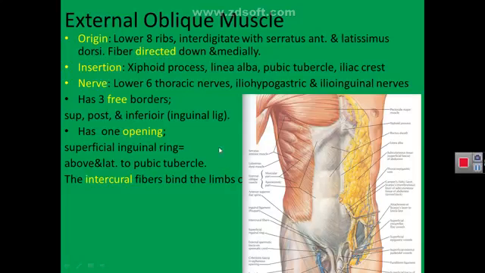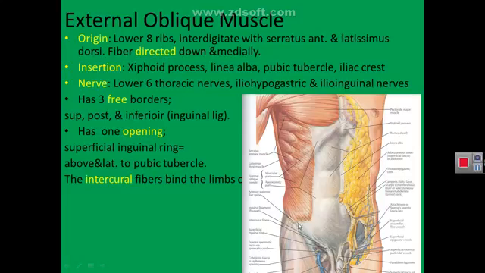Another thing which must be described for the external oblique muscle is that it has 3 free borders and 1 opening. The free border superiorly is on the costal margin, and there is a free border posteriorly. But the most important is the free border inferiorly, because this free border is represented by the inguinal ligament.